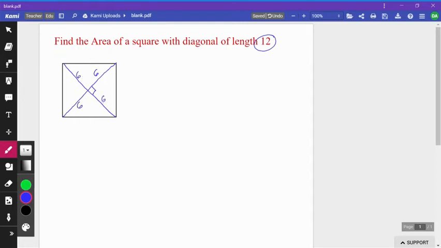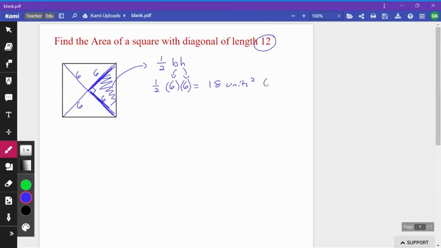So what I can do is find the area of this triangle, which is 1/2 times base times height. The base is 6, the height is 6, because they are the sides that are perpendicular to each other. And then this will give me 18 units squared.